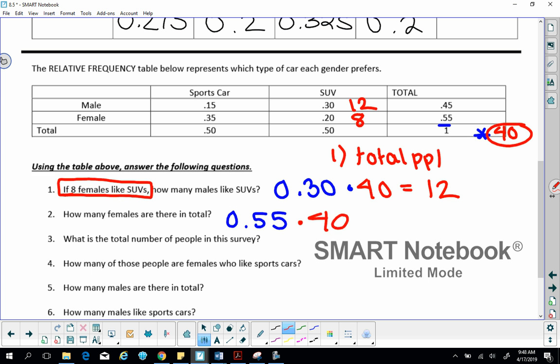What do you get? 22. Does that make sense how we're doing that every single time? So every time you're taking the decimal, you're multiplying it by the total amount of people. What is the total amount of people in the survey? We just found that. What is it?